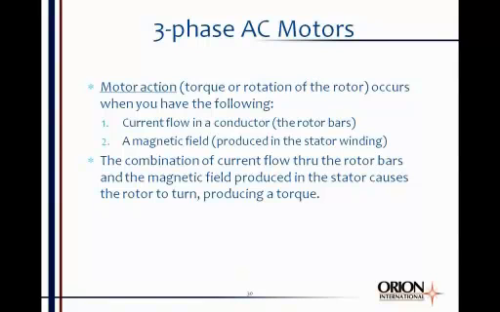So now the combination of current flow through the rotor bars and the magnetic field produced in the stator causes the rotor to turn. We've created the conditions for motor action. So now I produce a torque in the motor. That's how three-phase AC squirrel cage induction motors work, through generator action followed by motor action.